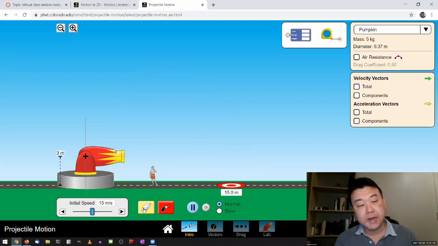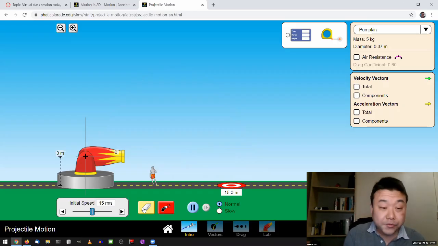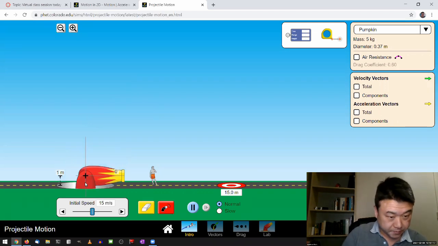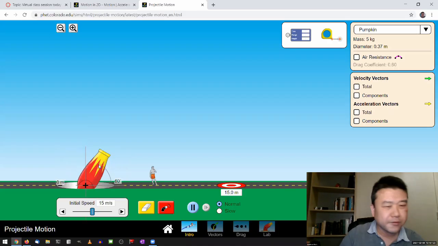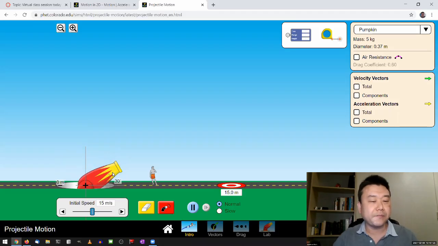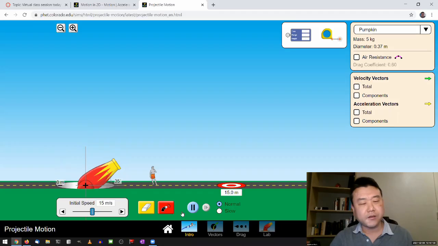I think I can try out some scenarios. Here's one that's familiar to a lot of people: at 0 meter height. This is a kind of prototypical scenario.